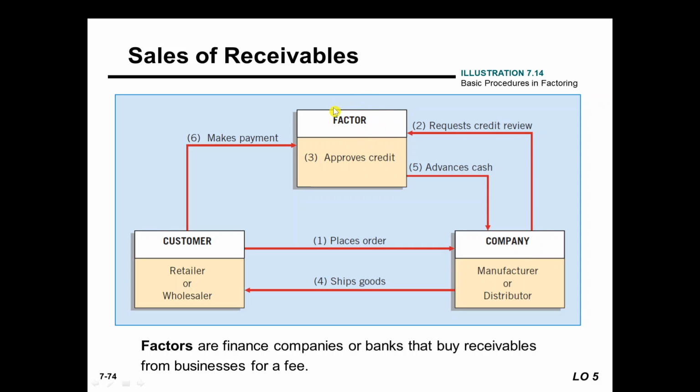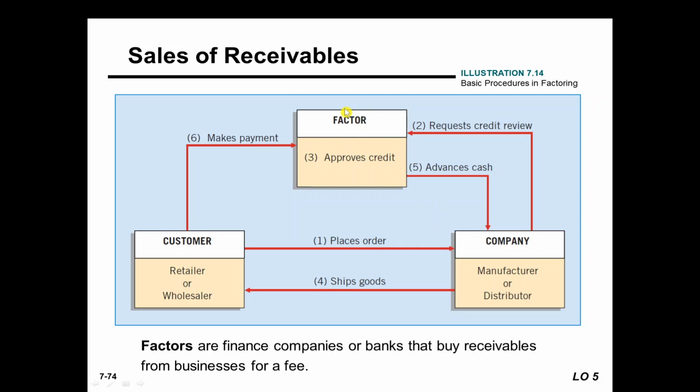This company will do some review on the credit request, and then if it is approved, the factor will give some money to Telkomsel, and Telkomsel will receive the money, but all the customer payment will go to the factor, or the company itself, Telkomsel, could collect the money from the customer and pay it to the factor.